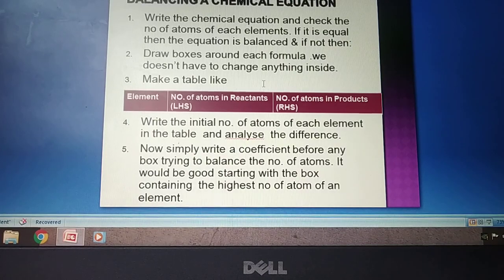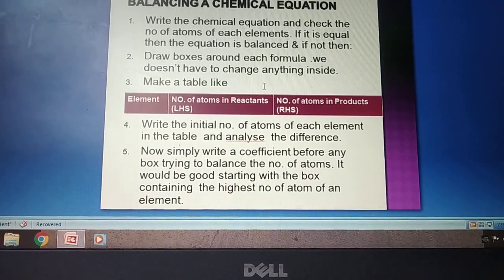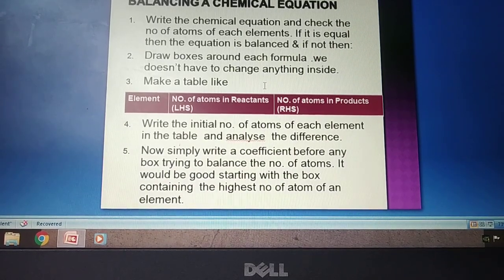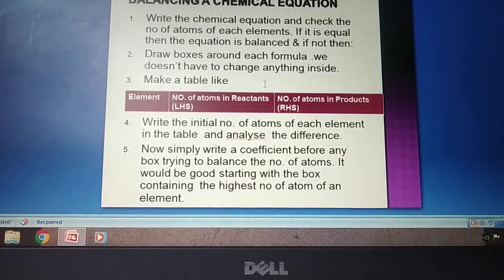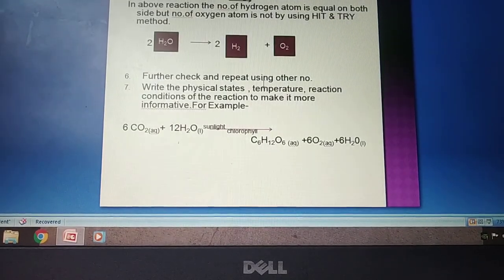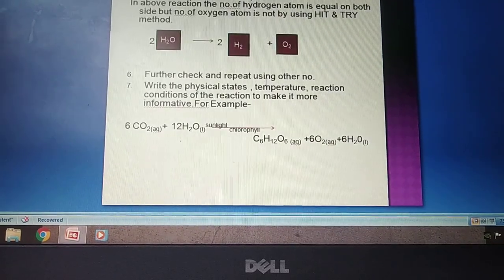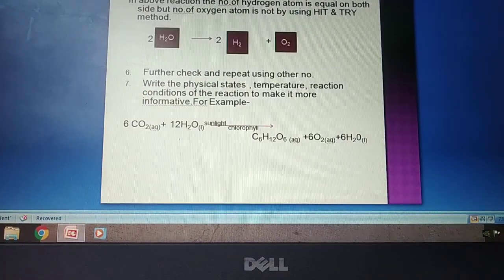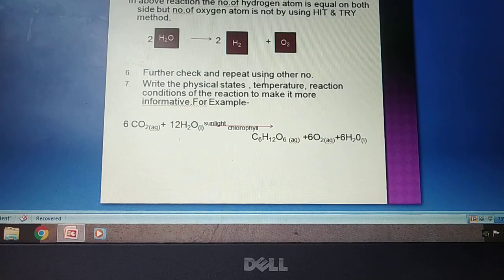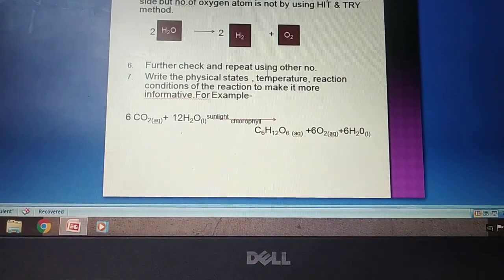We will then analyze which number can balance them, make them equal. And that number becomes our coefficient. What coefficient? The number written here, the number you are seeing here. This is a coefficient. It is simply a number which indicates the amount of compound.